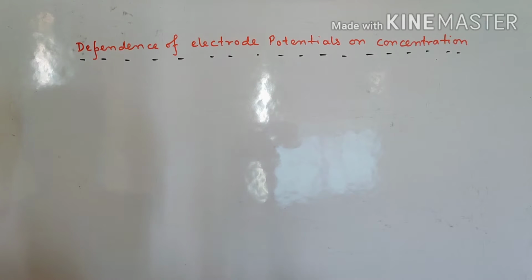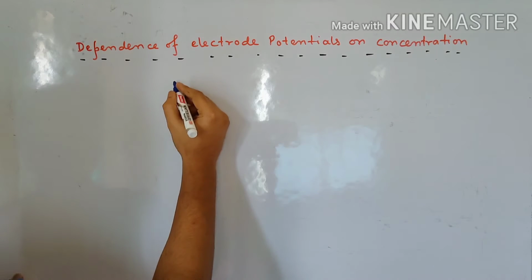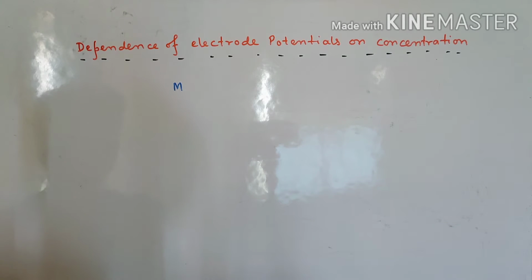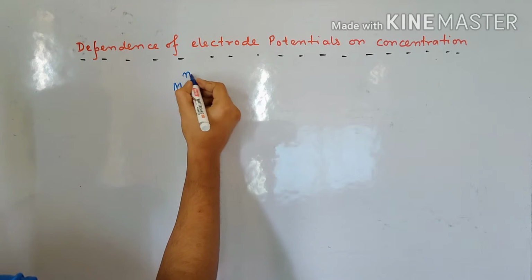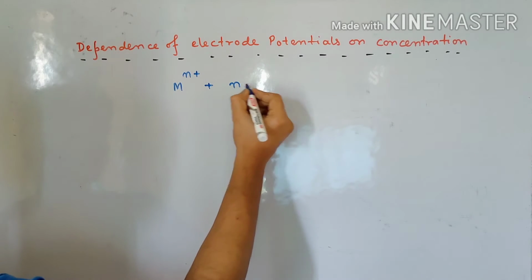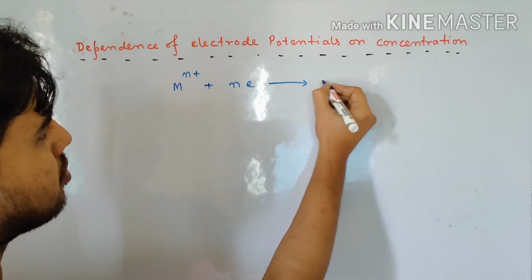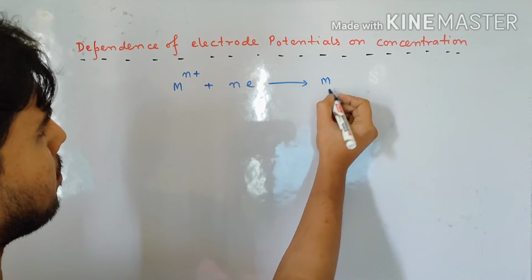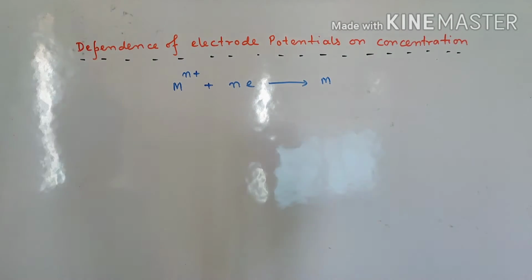Suppose a metal is in cationic state, M n plus, it accepts n number of electrons and gives rise to M. So this is the main equation that we are dealing with.